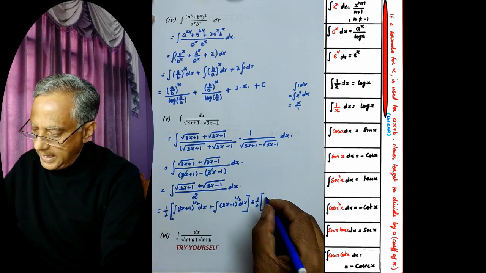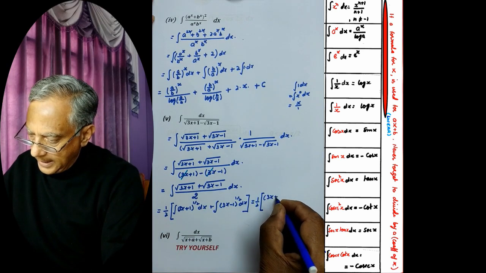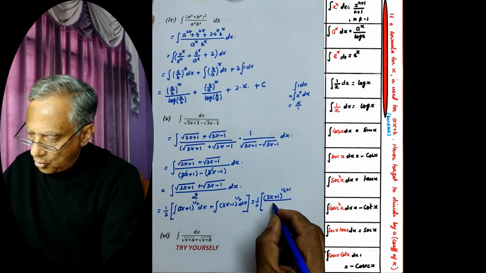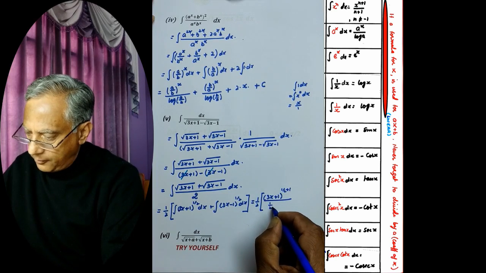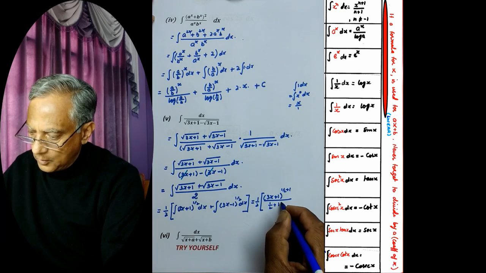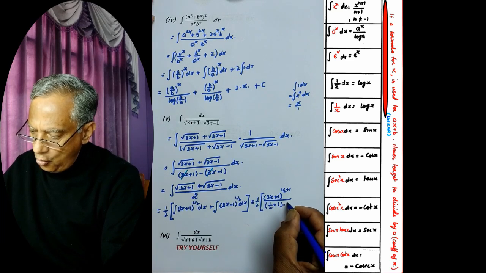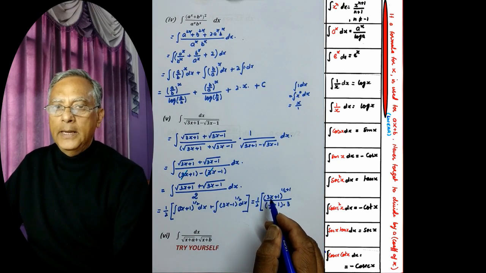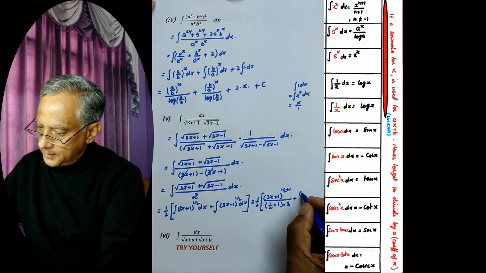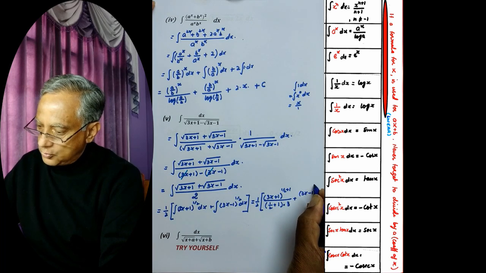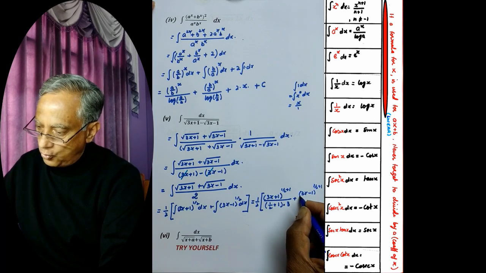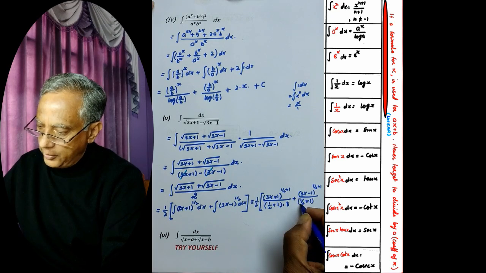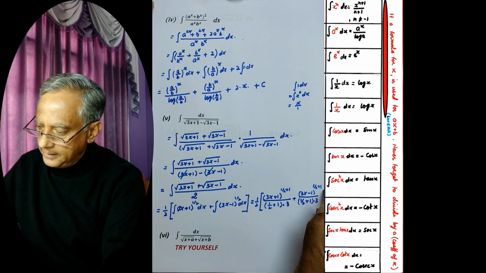So this will be (3x+1) to the power of half plus 1, whole divided by half plus 1 into 3, dividing by the coefficient of x, plus (3x-1) to the power of half plus 1 over half plus 1, and we must divide by 3.